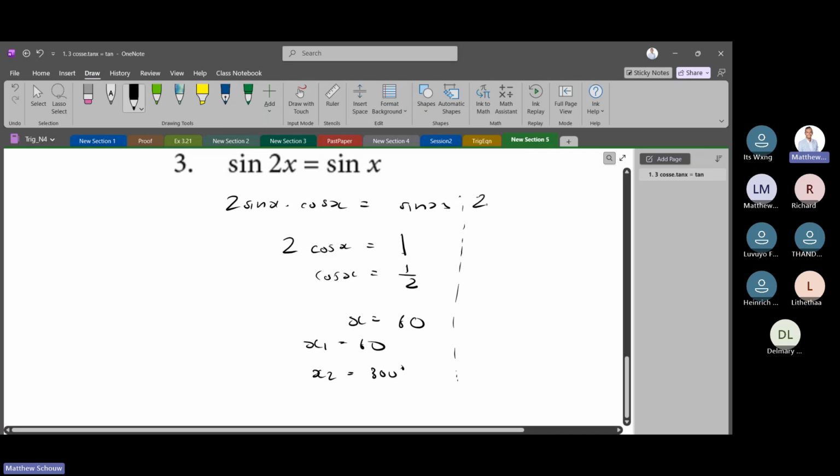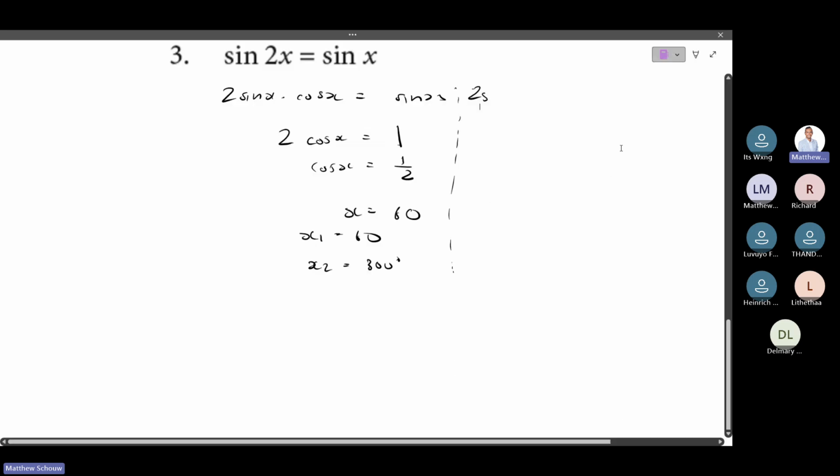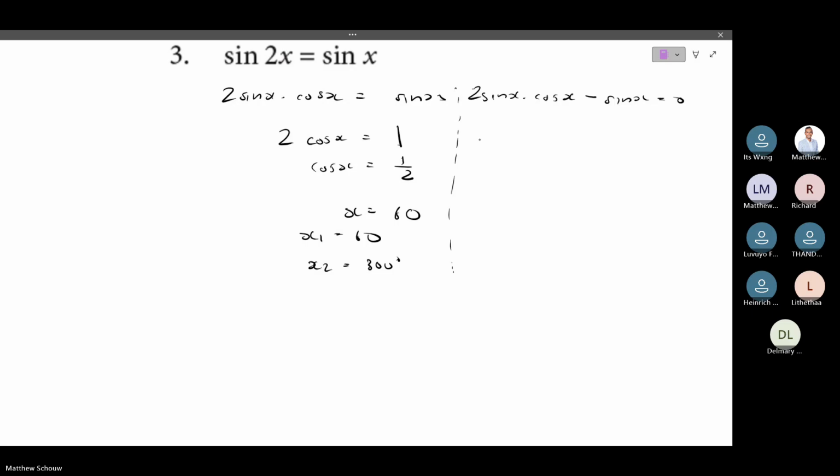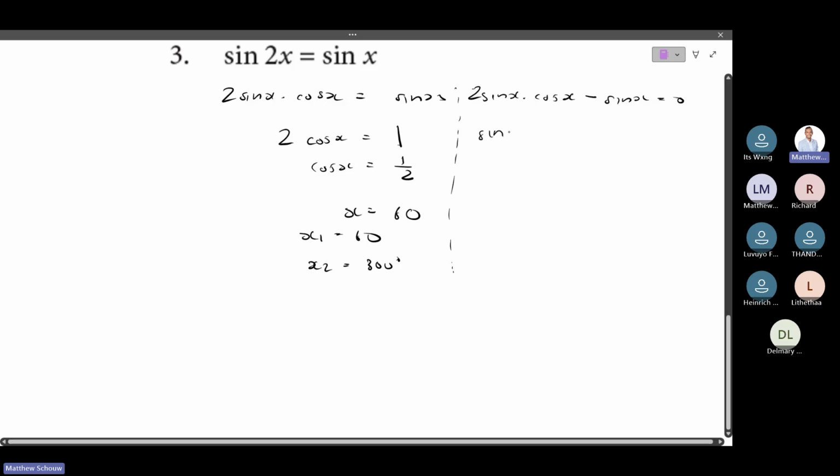If you take 2 sine x cos x, and you carry over the sine x, you make that equal to 0. And then you take out sine x as a common factor, right?